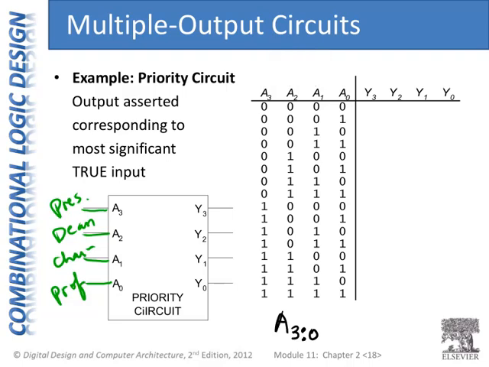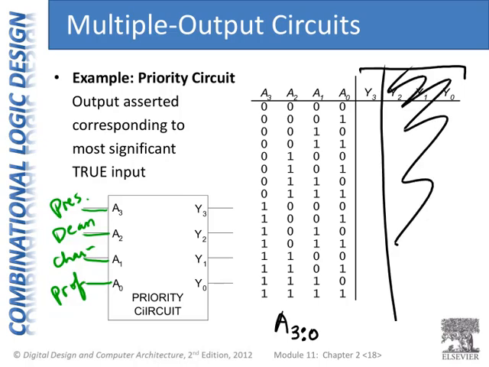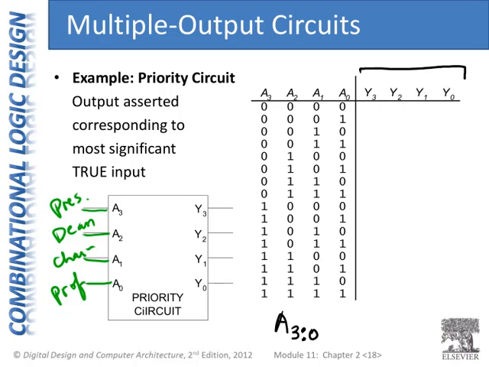And so now we can figure out what the output is depending on the combination of the inputs. This differs from what we've done up until now. Right now, we have our 4 outputs shown on the same truth table. So we have Y3, Y2, Y1, and Y0. We could write 4 different truth tables: a truth table for Y3, a different one for Y2, a different one for Y1, and a different one for Y0.